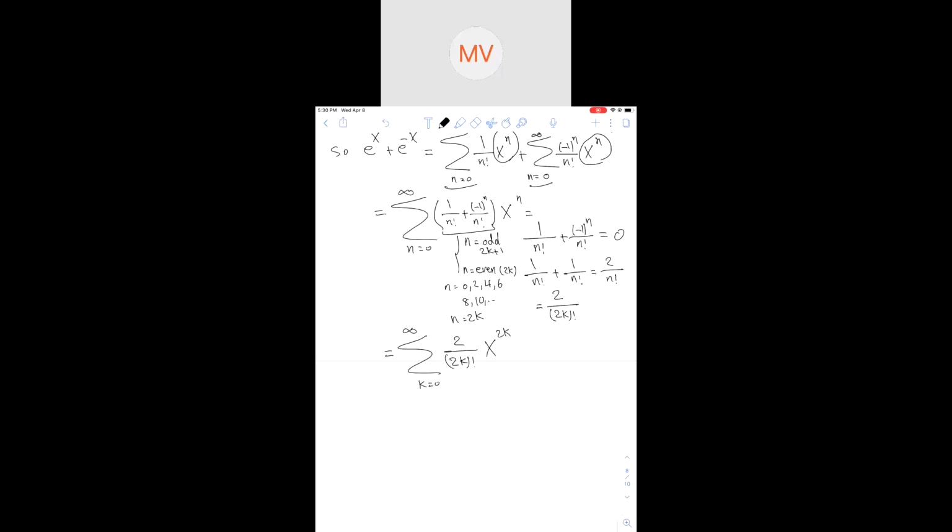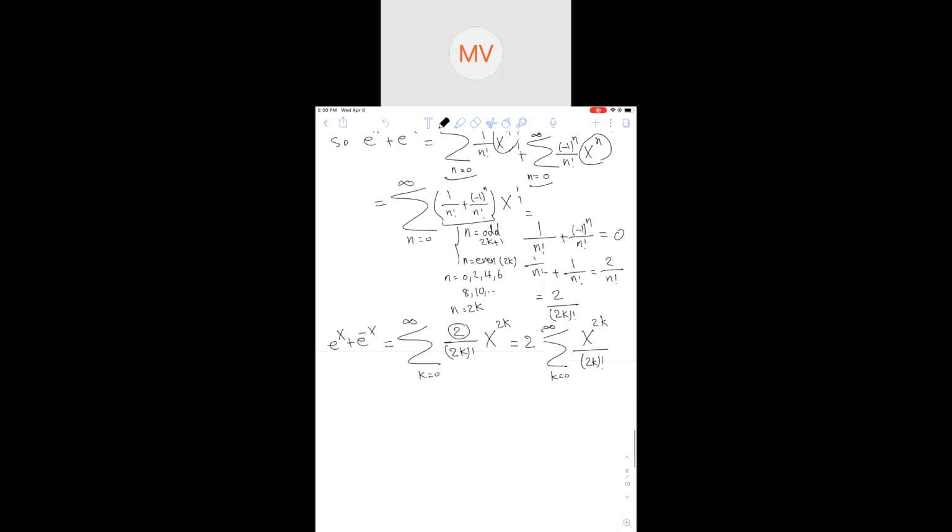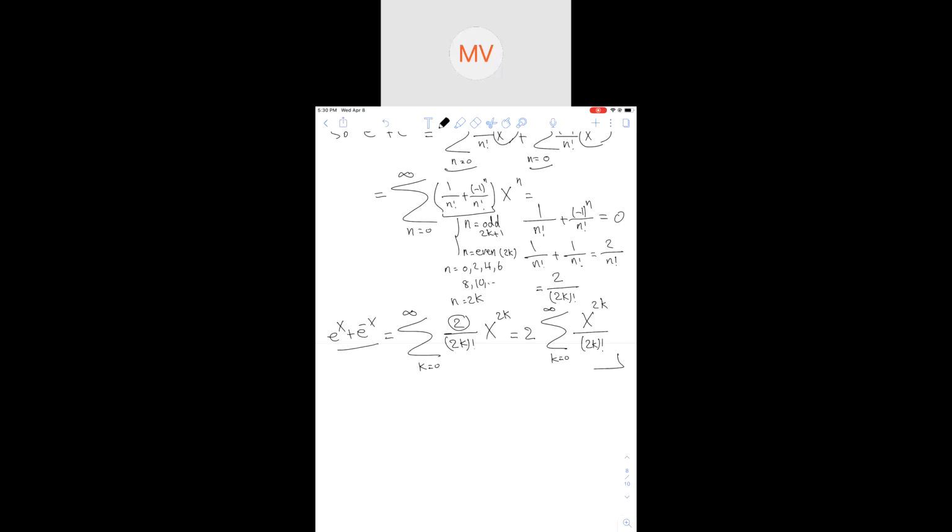I'm going to go ahead and factor this 2 out because it's a constant. So I can do 2 times the summation of x to the 2k over 2k factorial, k from 0 to infinity. And what did we start with? e to the x plus e to the negative x. So this equals that. I'm going to divide both sides by 2. So I get e to the x plus e to the negative x, divided by 2, equals the summation.